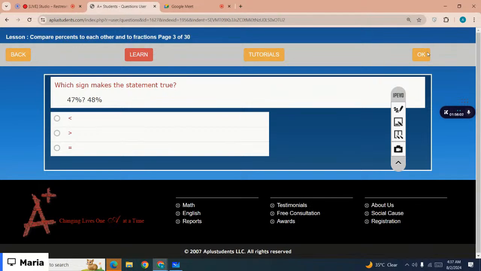Yes, 47% is less than 48%. So the correct option is less than.